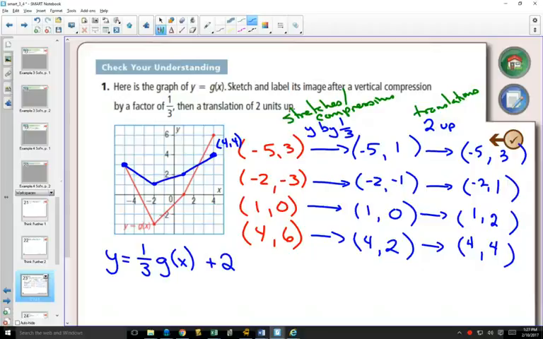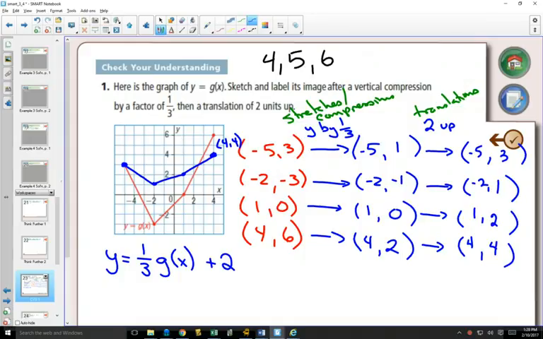So there we have the graph. If we want to imagine it, a compression by 1/3 would squish it towards the x-axis, and then the +2 moves it up 2. So we ask ourselves, does our final graph look like it's been squished and then moved up 2? Yes.